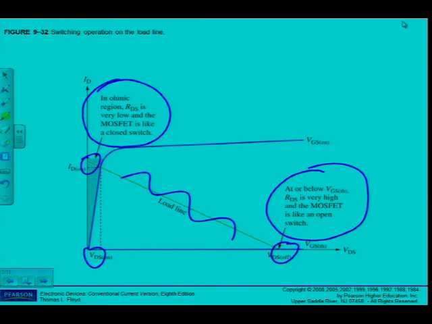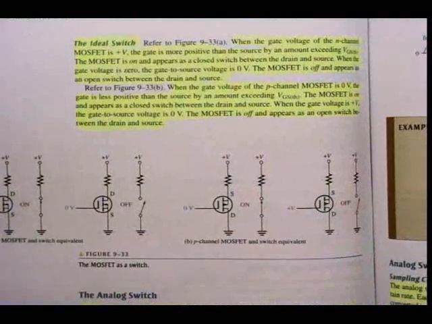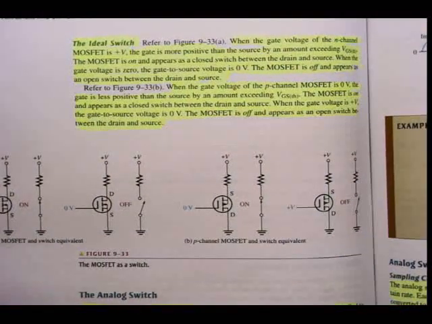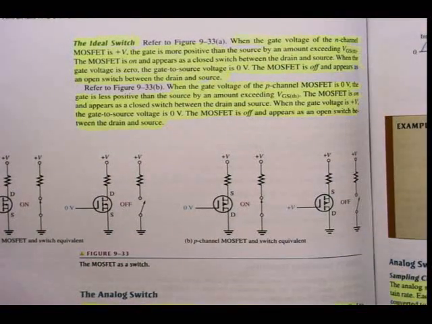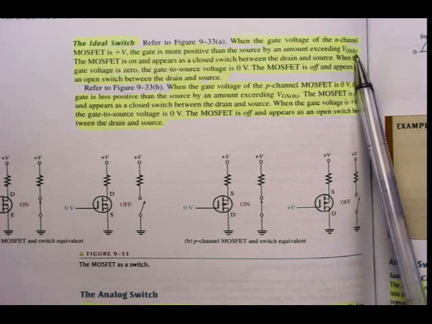All right, when we turn the page to page 460, just the characteristics there again of an ideal switch. Ideal switch: when the gate voltage of the N-channel MOSFET is a positive voltage, the gate is more positive than the source by an amount exceeding VGS threshold.